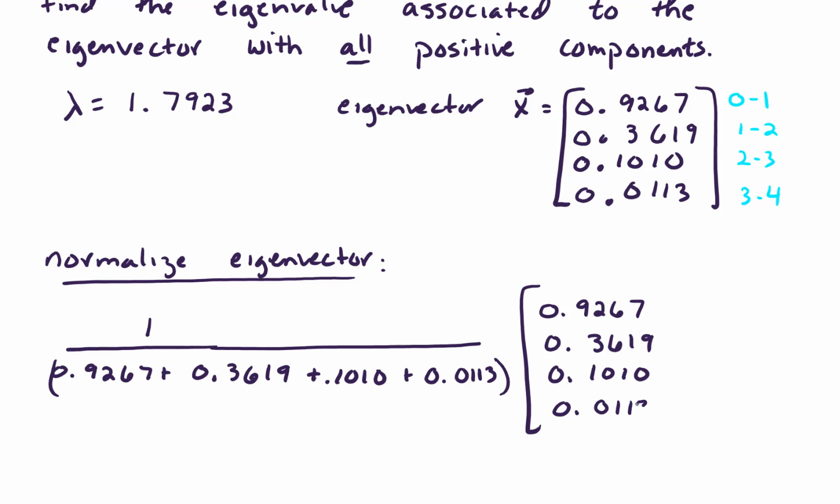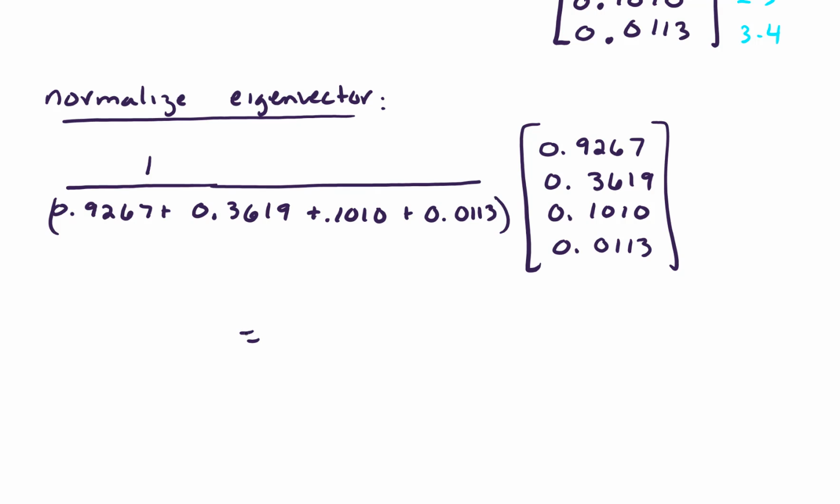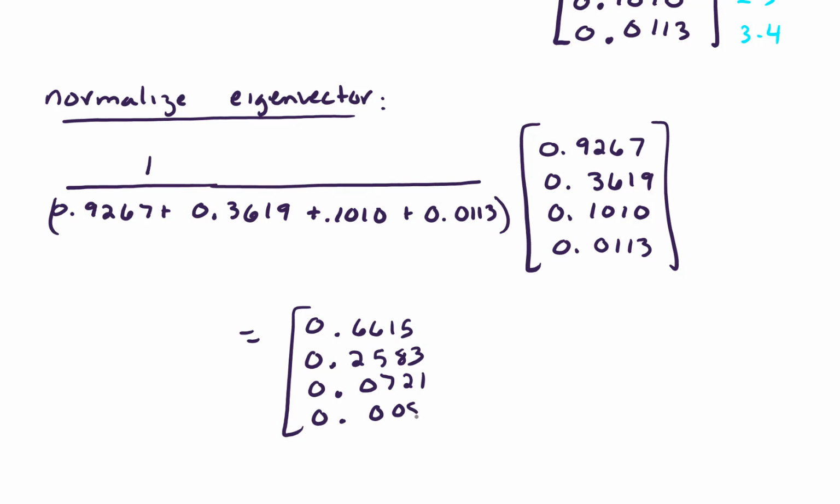So let's write down what we get. What we end up getting is 0.6615 and a 0.2583 and a 0.0721 and lastly a 0.0081.